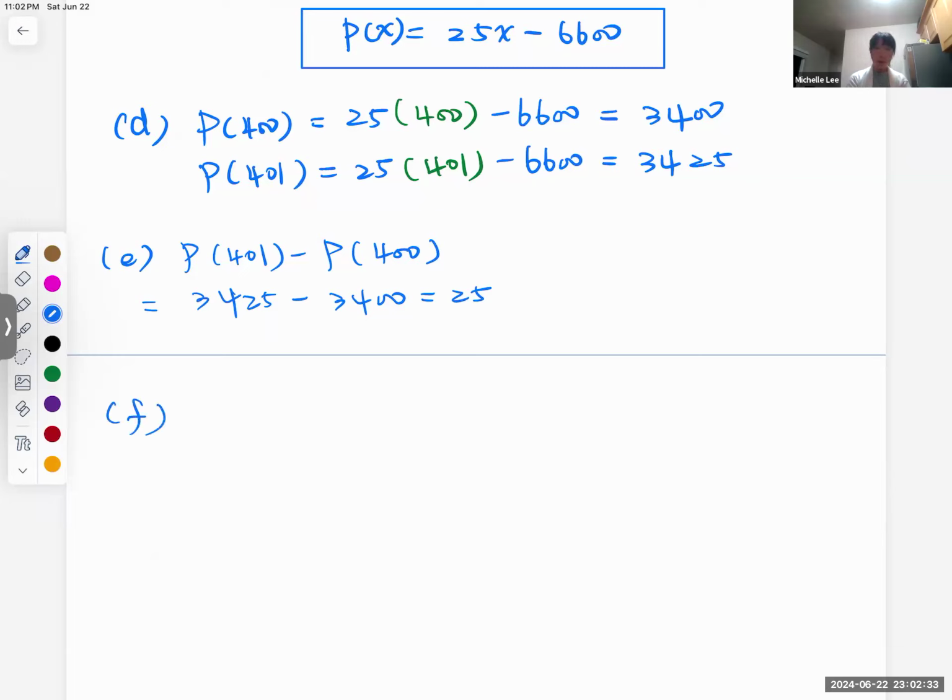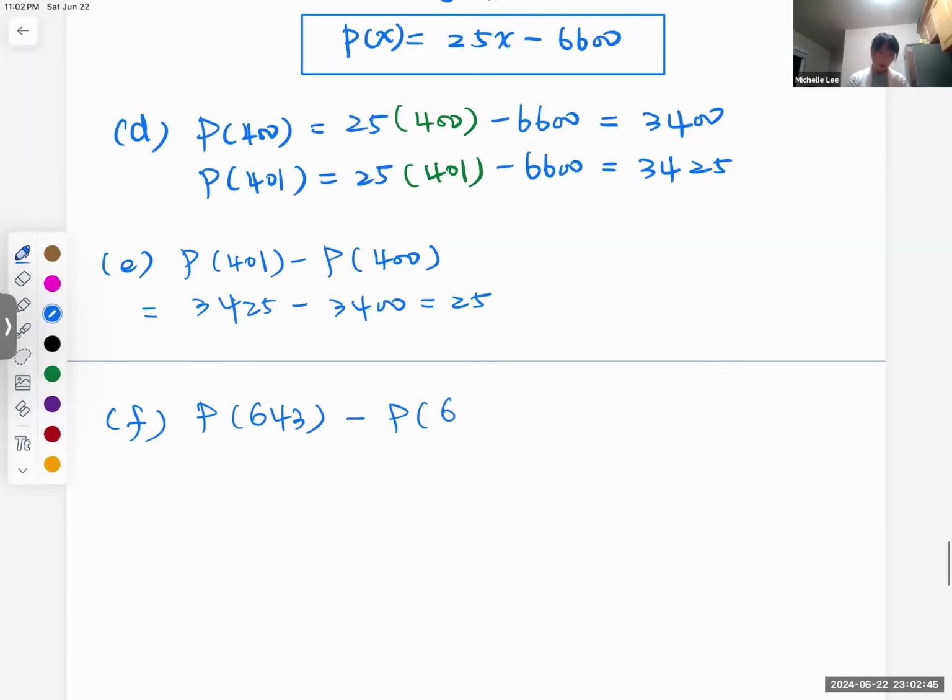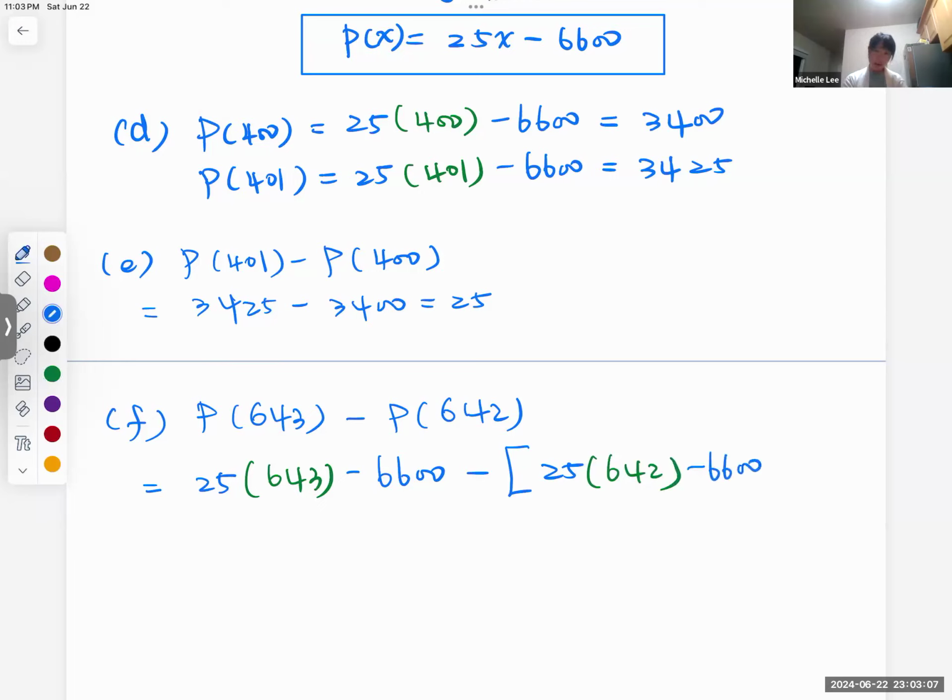So we have, what's the profit of 643 minus the profit function of 642, right? 25 times 643 minus 6600 minus 25 times 642 minus 6600.